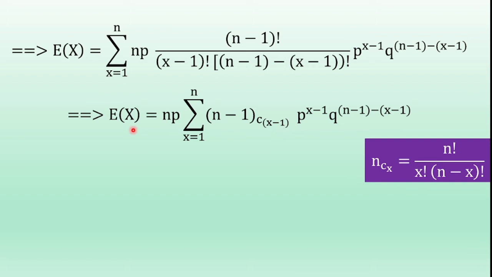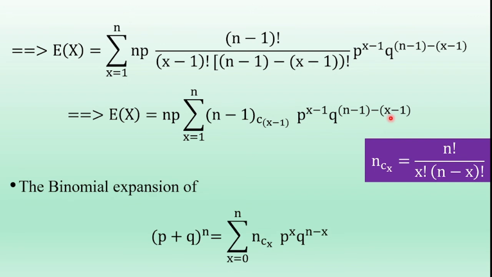Therefore, expectation of x is equal to np into sigma x equals 1 to n of n minus 1 C x minus 1 into p power x minus 1 into q power n minus 1 minus (x minus 1).